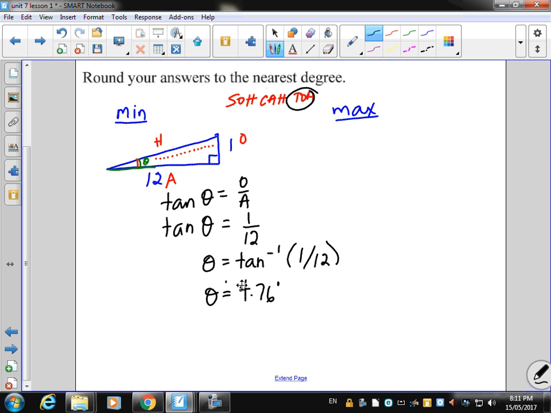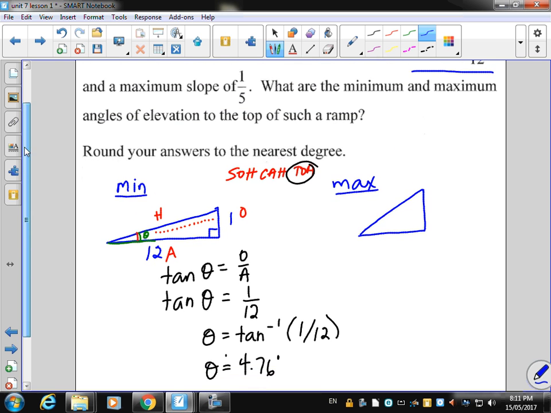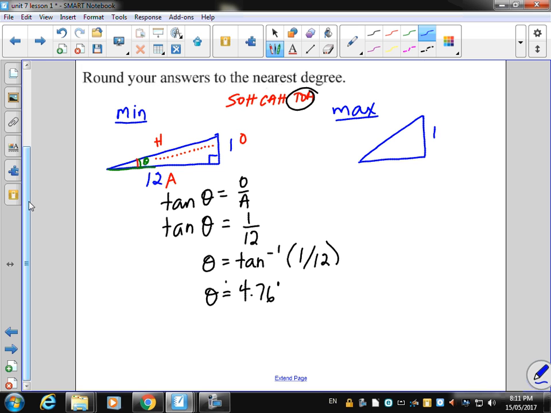All right, the maximum the wheelchair ramp can be is steeper. Okay, I made it a little ridiculous there. Okay, and its rise over run would be 1 over 5. So yeah, absolutely ridiculous drawing, but we get the idea. If I want to know that angle, it would be the same idea. Label the sides. Hypotenuse, this would be opposite and adjacent.